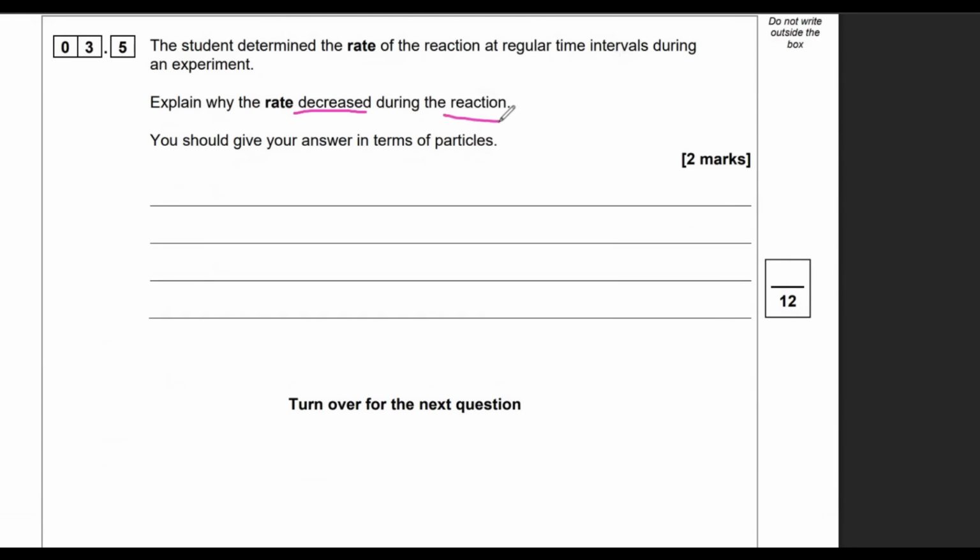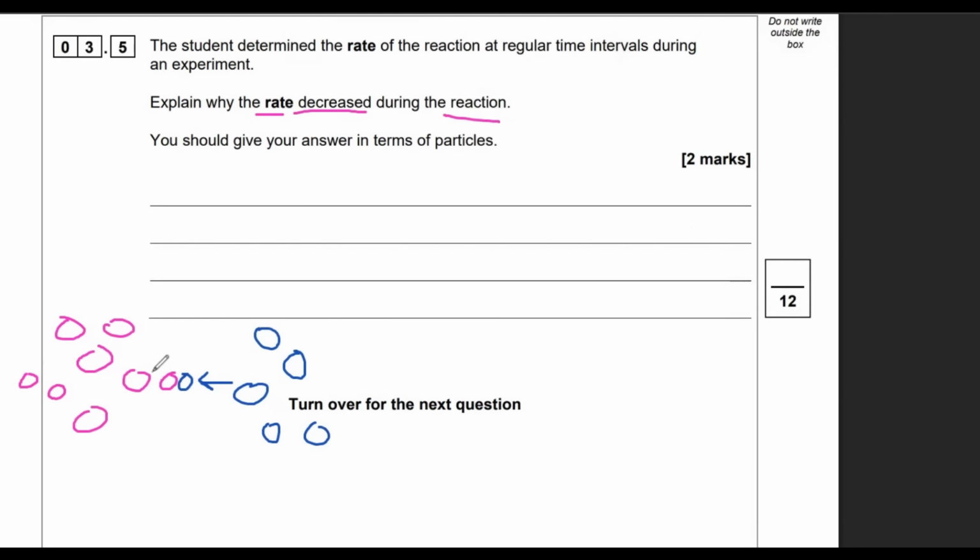During every reaction, the rate at which the particles collide with each other will decrease. Imagine these are my reactants. So I've got pink balls and we've got blue balls, and they are reacting. They are colliding with each other.